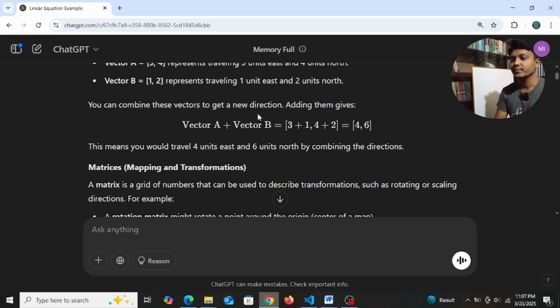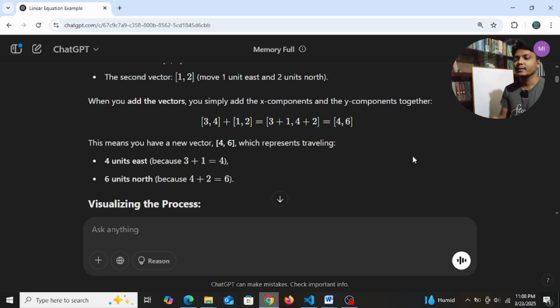So you can combine these vectors to get a new direction. Values of x-axis 3 plus 1, values of x-axis would be added, and values of y-axis will be added separately. Okay, so (4, 6) is my new current position, right?